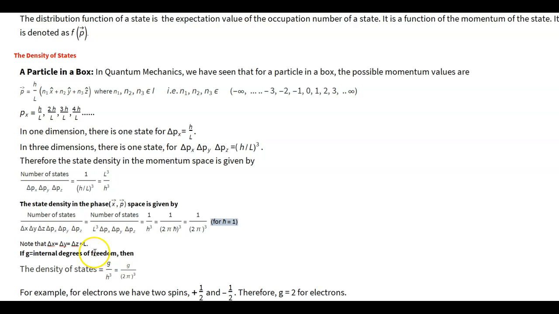So taking into account the number of internal degrees of freedom, the value of g, the density of quantum states is equal to g multiplied by this, which becomes g over (2 pi) whole cubed.